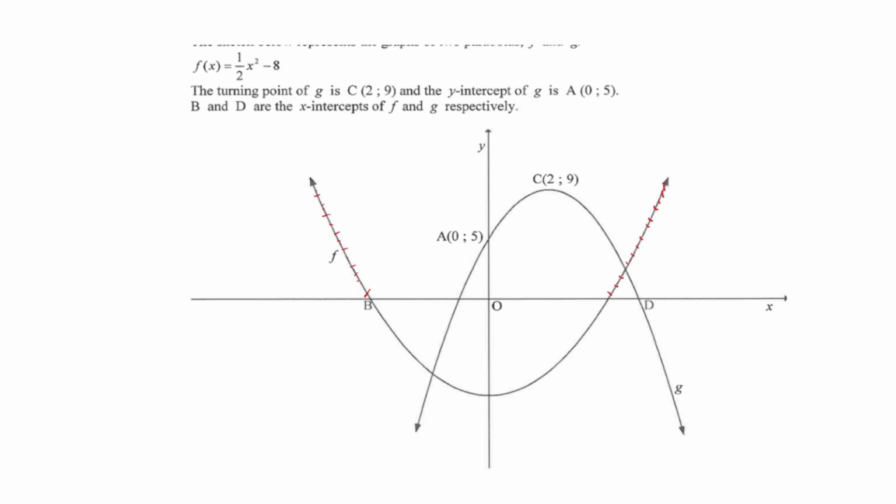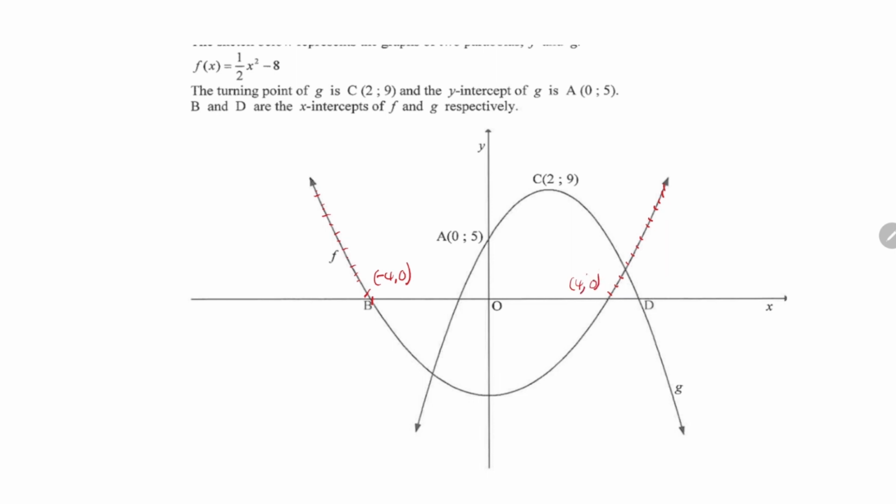So how do we describe that? Remember here, B, we got the coordinates of B as -4, 0. And from the previous question, we also got that the other x-intercept of f is 4, 0.